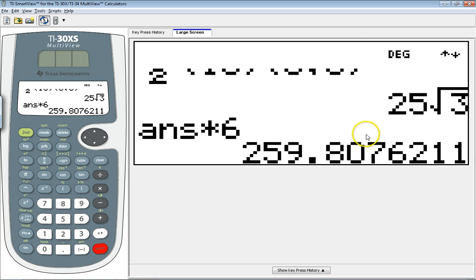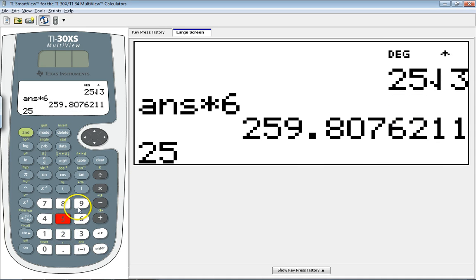Okay, well that's giving me the decimal. So if it were a decimal problem, this would be the answer, 259.8. But on the EOCT, this is likely to be an exact answer, a radical answer. So let's do this. Forget the radical 3. Let's just multiply the 25 times 6.